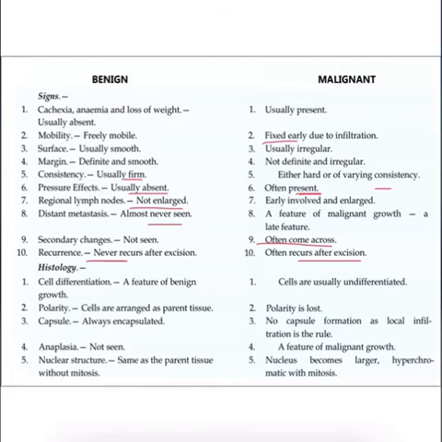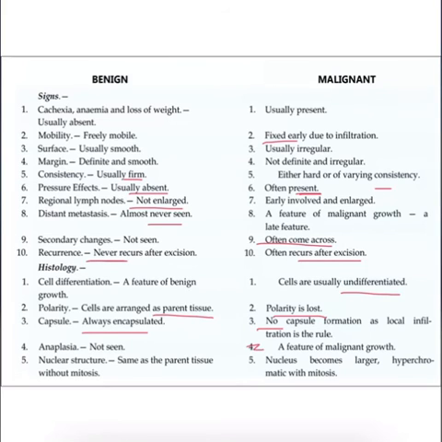On the basis of histology, cell differentiation is a feature of benign growth. Means you can differentiate the cells of benign tumors from normal body cells. They are undifferentiated cells in the malignant. Polarity: cells are arranged as in the parent tissue, with polarity. The polarity is lost in the malignant. Capsule is always present in benign tumor, and no capsule formation is seen in the malignant. Anaplasia is not seen in the benign.